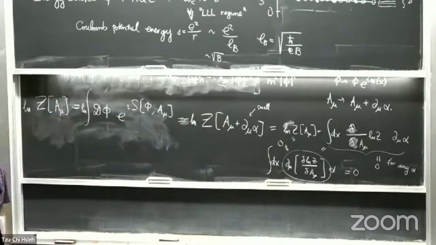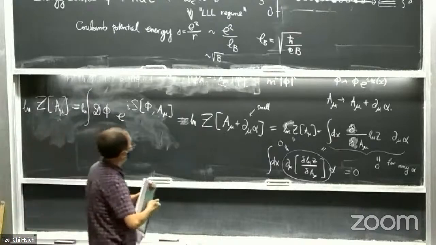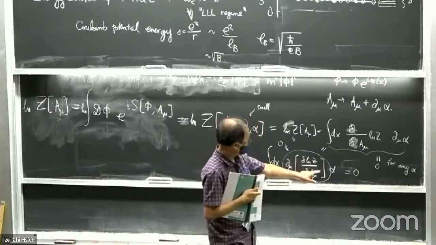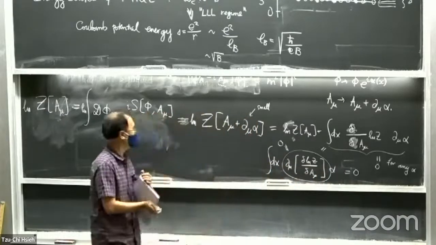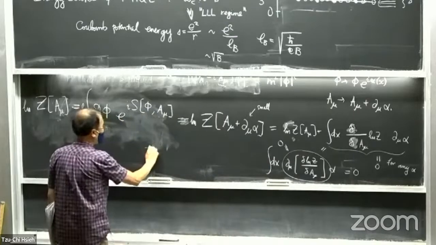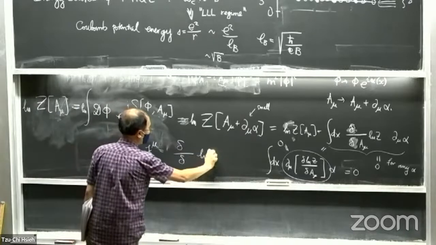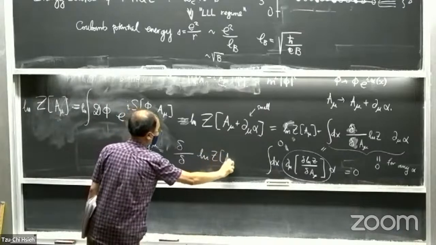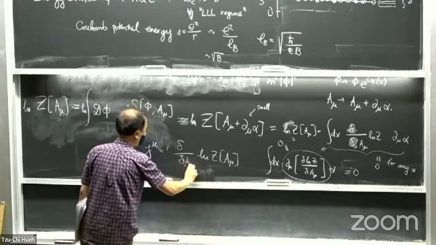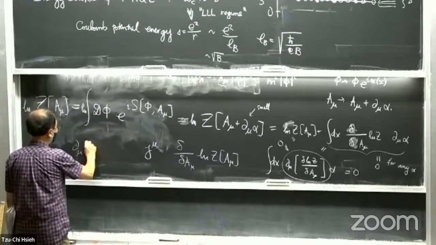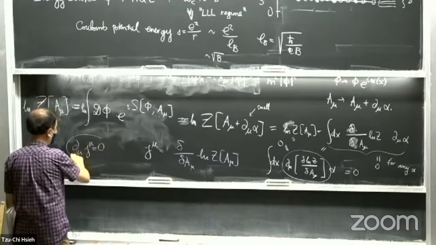So this is a quick way to see the connection between gauge invariance and conservation of current. If there is a gauge transformation, then it generates a conserved current. Basically, the conserved current is the derivative of the logarithm of the partition function with respect to A. And then this tells us that d_mu J^mu is equal to 0.